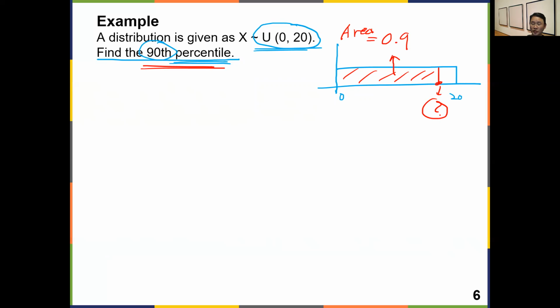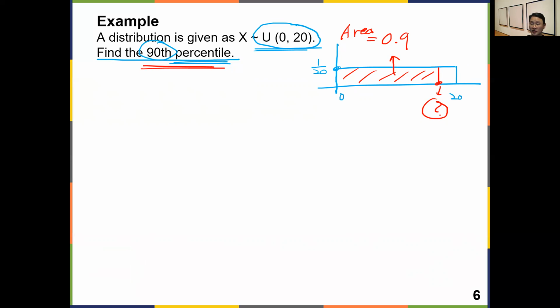Well, how do you know it's 0.9? Because I know that the entire big rectangle area is going to be 1. That's one of those characteristics. I know that the height of this rectangle is 1 over 20, so 1 over 20 times 20 is obviously 1.